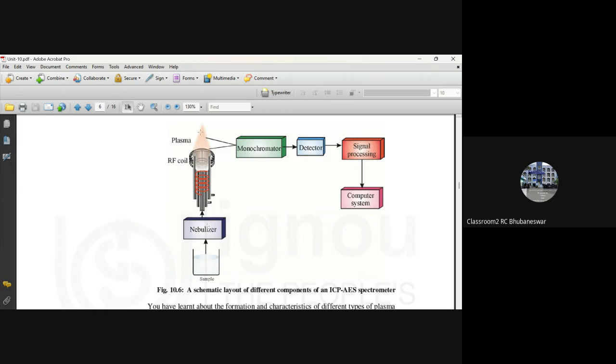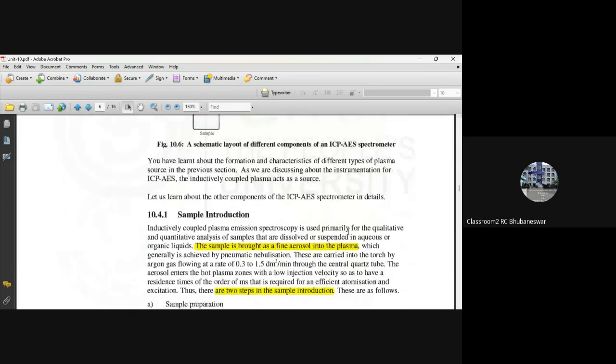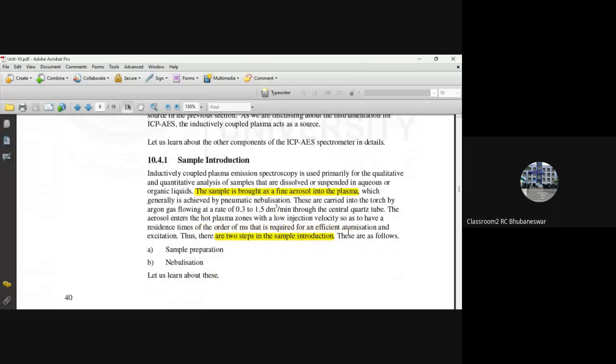Then your plasma unit comes, and through this the atomization in plasma happens. Then the monochromator: through the monochromator you collect the radiation coming out, then the detector will detect and amplify it, then signal processing will be done, and the reading output device shows the result. Now sample introduction: inductively coupled plasma emission spectroscopy is used primarily for qualitative and quantitative analysis of samples that are dissolved or suspended in aqueous or organic liquids.